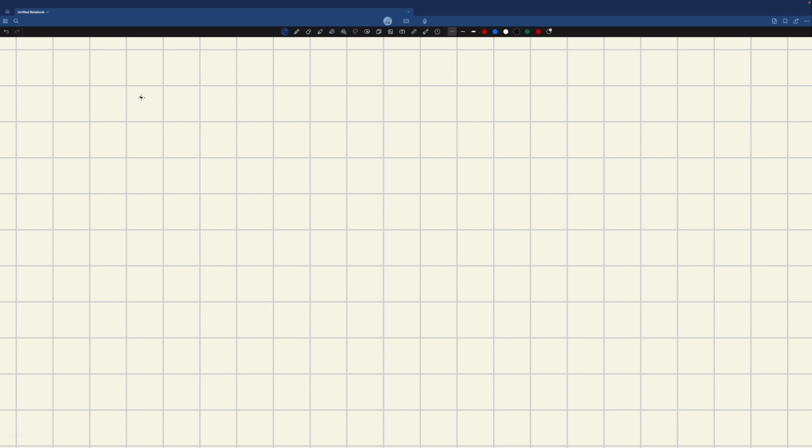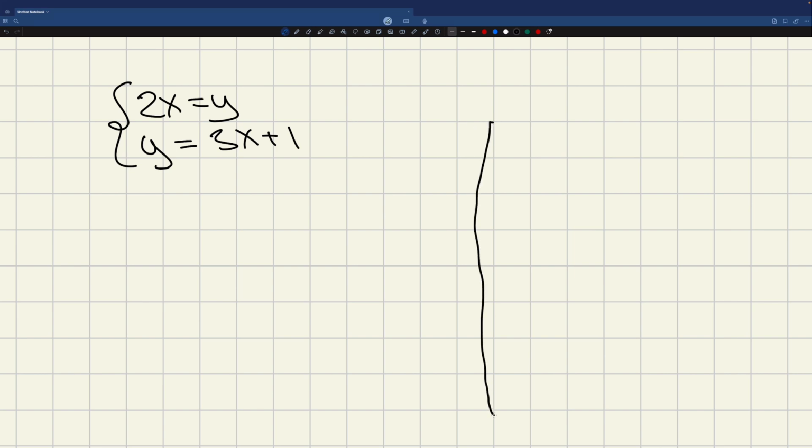So let's have a look at the following equations. 2x is equal to y, and y is equal to 3x plus 1. Now, when you're solving using a graphical approach, you're trying to draw the graphs of these two equations.